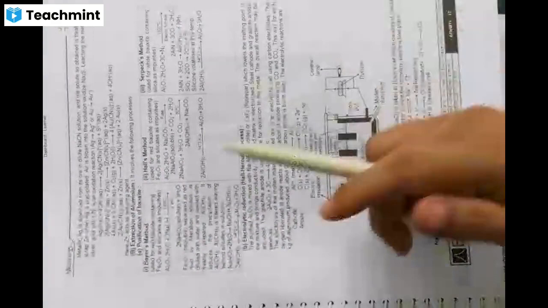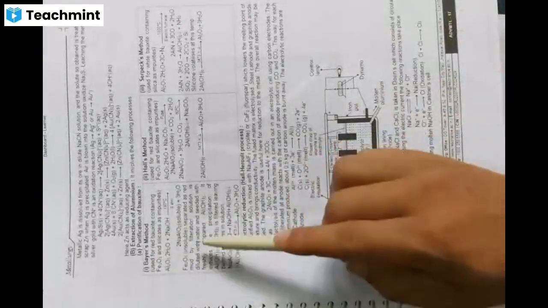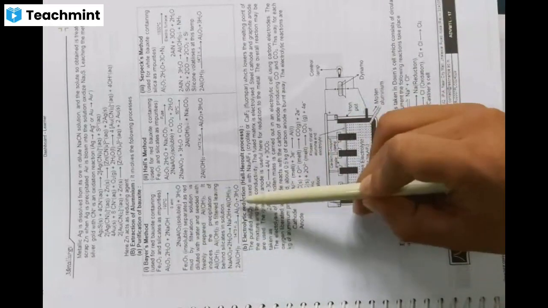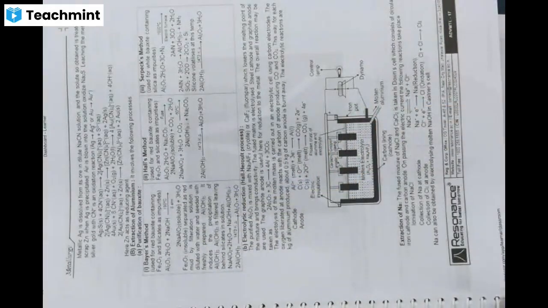Even here they have summarized the Bayer's method for extracting the aluminum trioxide. If it is clear enough.